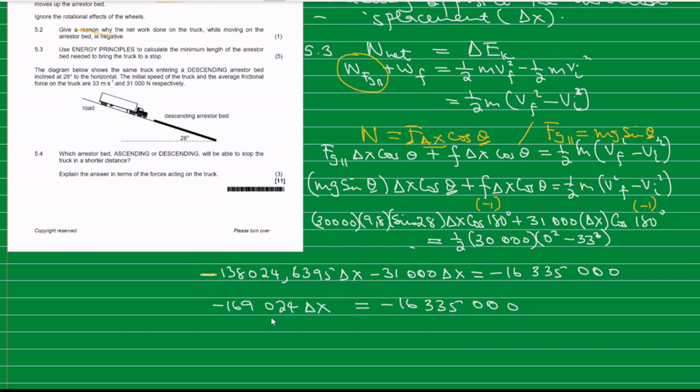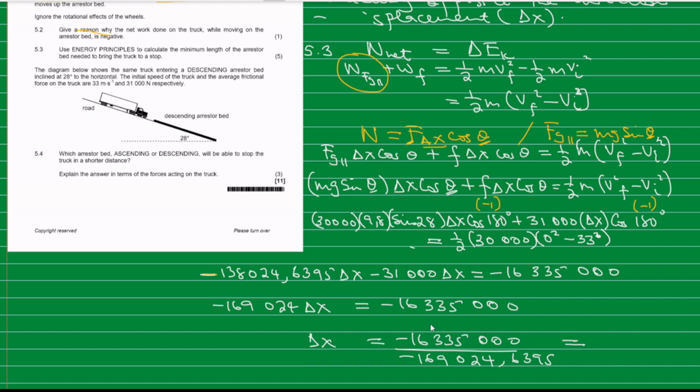It will be equal to negative 16,335,000. Now we are going to divide by negative 169,024.6395, so our delta x will be equal to negative 16,335,000 divided by negative 169,024.6395.